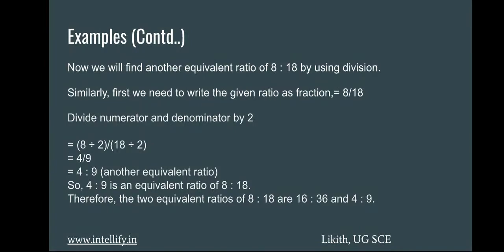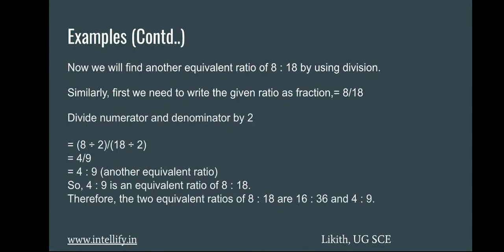Now we will find the other equivalent ratio of 8:18 by division method. Similarly, first we need to convert the ratio 8:18 to the fraction 8 divided by 18. I am going to divide numerator as well as the denominator by 2.